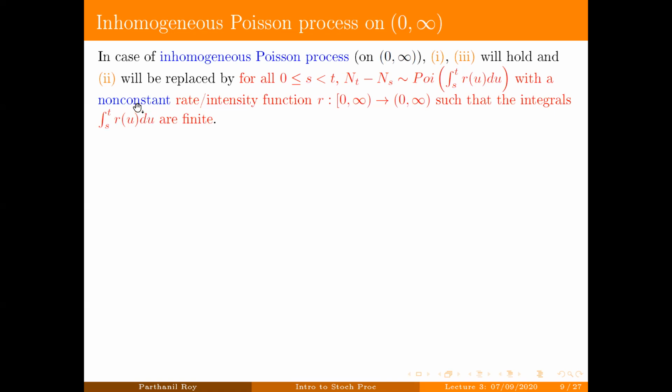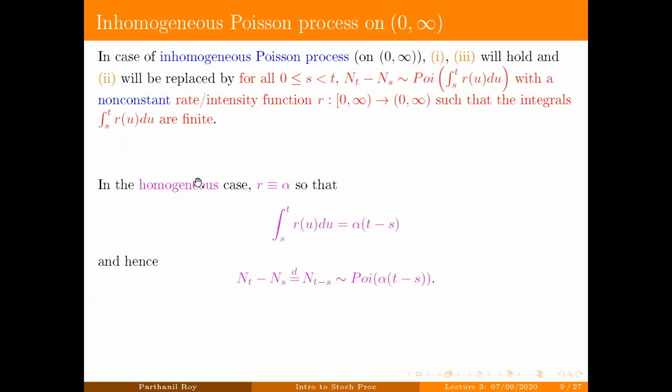Now this function is going to be non-constant, so that the process becomes inhomogeneous, and this function will be called rate function or intensity function. Of course, we are talking about these as parameters, so all these integrals should be finite. So the function r should be such that all of these integrals are finite. Now this non-constantness of the function corresponds to the inhomogeneity of the Poisson process, as I've already mentioned.